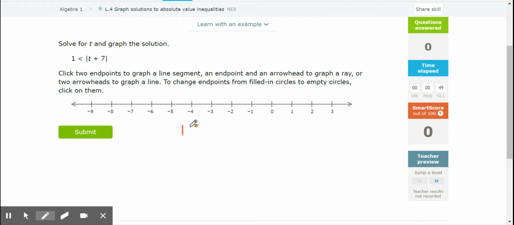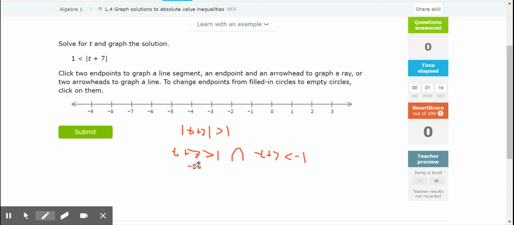So I'm going to write this as the absolute value of t plus 7 is greater than 1. So this becomes a greater than, an "or" statement. The positive case is t plus 7 is greater than 1. And then for t plus 7, we're going to flip and solve for the mirror image.